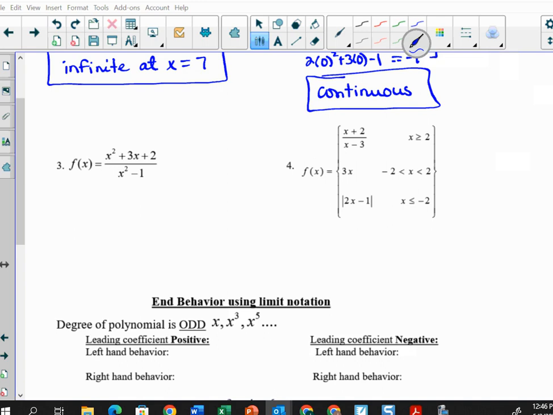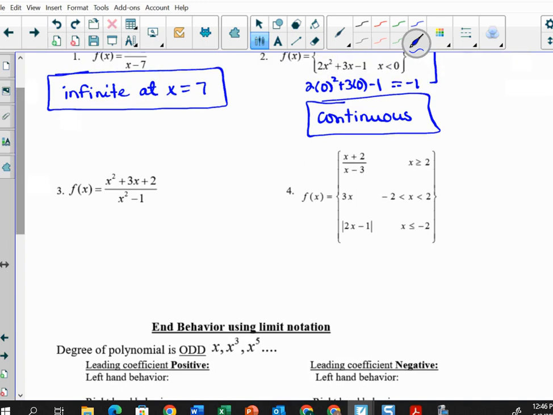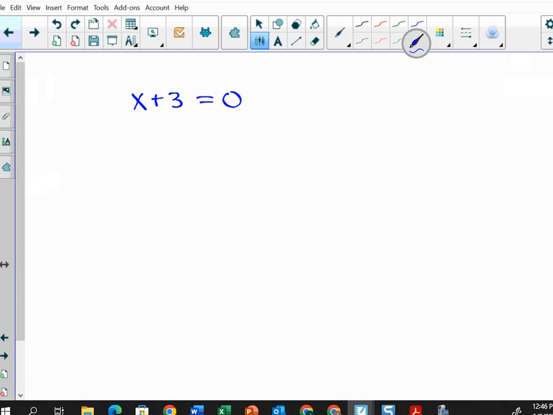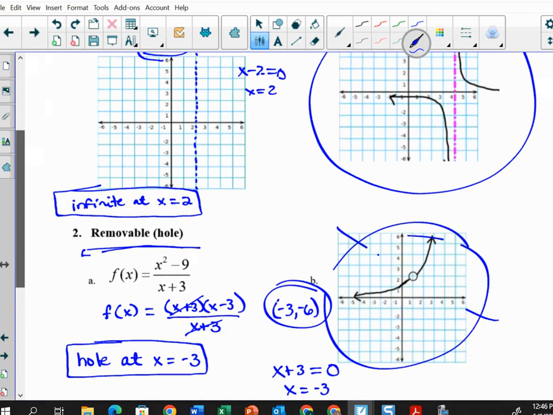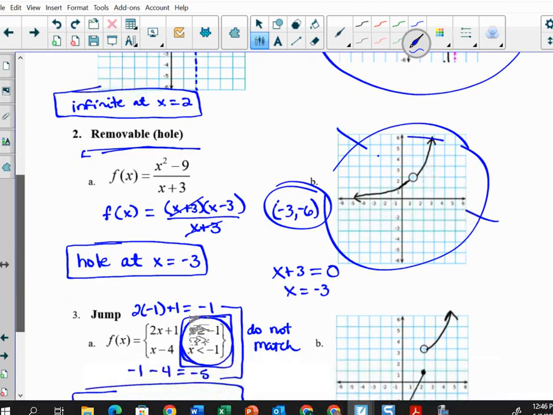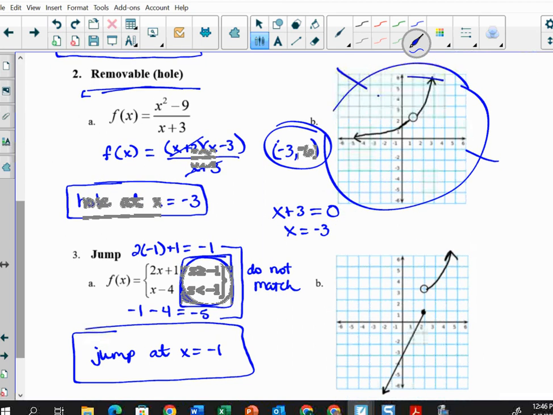Okay. Julian? In number 3, x squared minus 1 is in the denominator, and I put the hole at x minus 1. Remember, it's always x equals something.